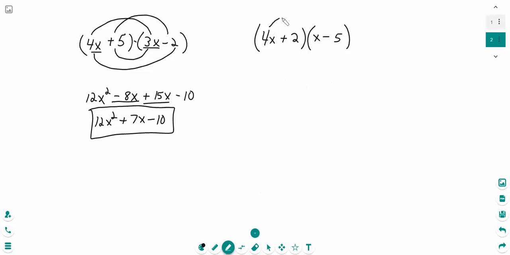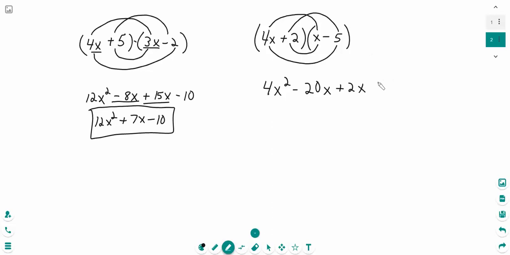So FOIL would be F for first. 4x times x is 4x squared. Outside, 4x times a negative 5 is a negative 20x. And then inside, positive 2 times x is a positive 2x. And then last, a positive 2 times a negative 5 is a negative 10.